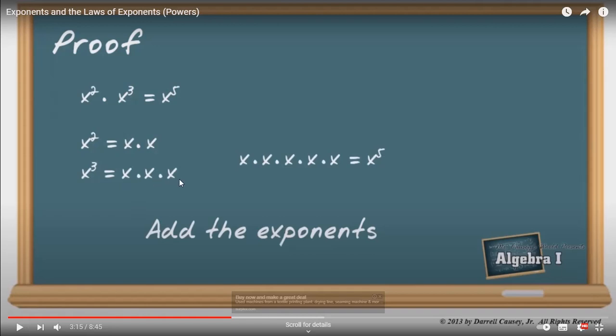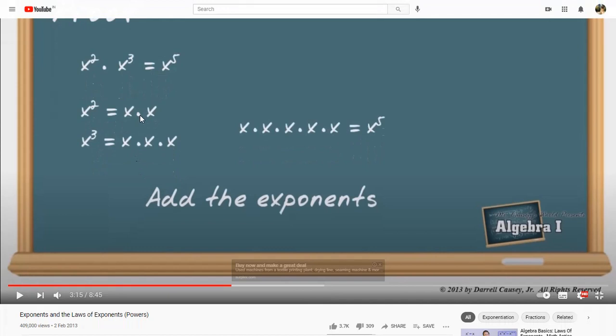So if you multiply x to the power 2 into x to the power 3, how many x are there? 1, 2, 3, 4, 5. How is it expressed? x to the power 5. The x will be multiplied 5 times, so x to the power 5.